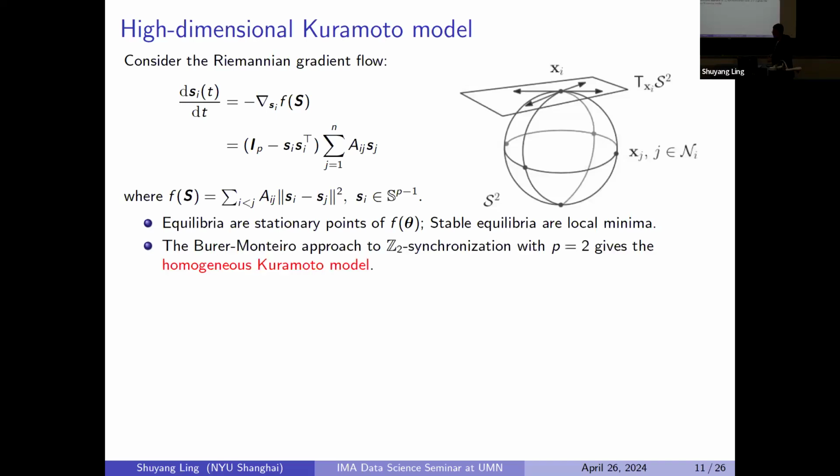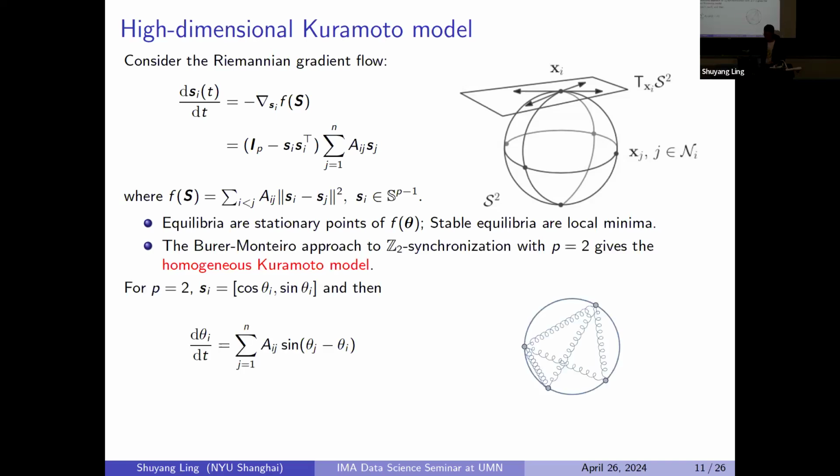And Burer-Monteiro factorization for Z2 synchronization, if P is 2, which means it's on a one-dimensional sphere, would correspond to the classical Kuramoto model. If I use this reparametrization and take the gradient, so it's an oscillator on the circle, and I take the gradient with respect to the phase, you get this. That's exactly the Kuramoto model.